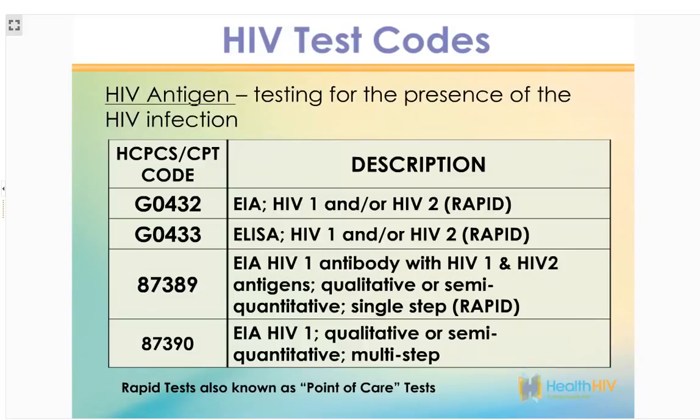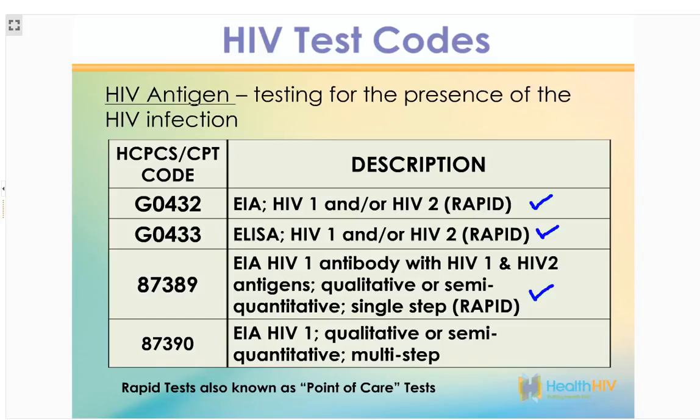Here are some additional codes. These are HCPCS codes. We spoke about HCPCS codes in Series 2, your G0432 and your G0433. These are your rapid test codes for the HIV-1, HIV-2 combo tests. So you have these 3 different codes here.